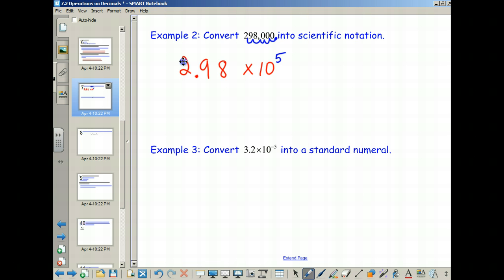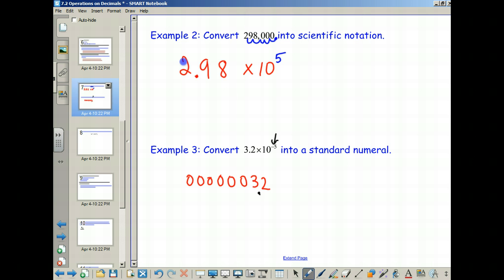So number 3, am I going to end up with a number smaller or bigger than 3.2 when I'm done? Smaller. It's the negative exponent, right? So I'm going to start by writing the 3 and the 2 out. And I know it's going to be smaller, which means I need some zeros in front. That's how I'm going to get it to be smaller. I don't know how many I need exactly, but I'm just going to put a few in there. Now the original decimal point was right here. And this negative 5 tells me exactly how many places I need to move it over.